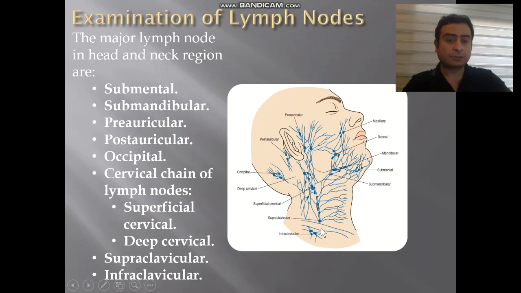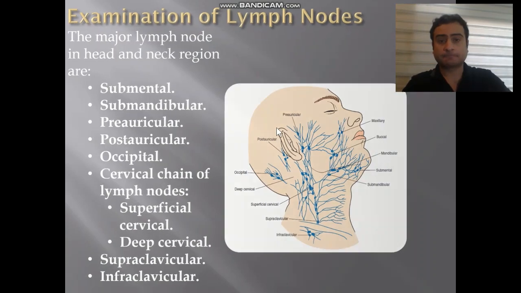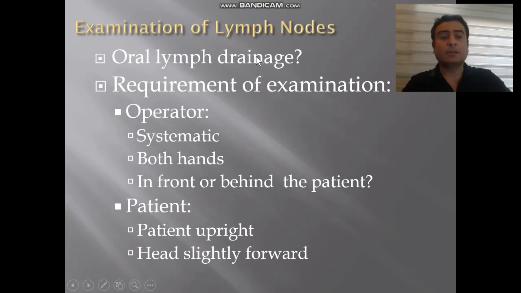We also have the supraclavicular and the infraclavicular lymph nodes in relation to the clavicle. These are the major lymph nodes that are situated within the head and neck region. The most important lymph nodes that receive drainage from the oral cavity are the submental and the submandibular lymph nodes.